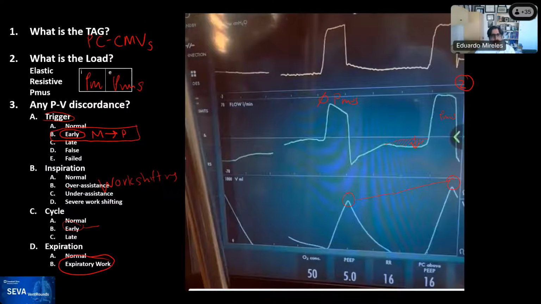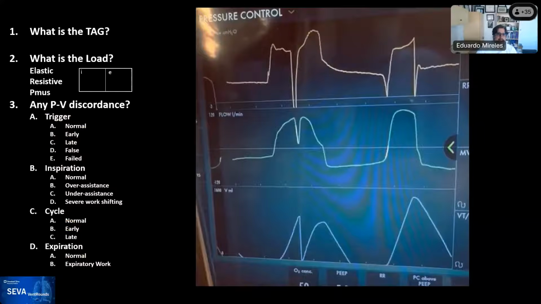Okay? So here comes the next set of breaths. So now you're seeing more PMOS. All right. So I'm going to give you the tag PCCMBS. All right. Nothing has changed. It's still the same mode that Nick had. And then you have the first breath that actually ends in 2 breaths. And then you have the second breath. So let's start with the first breath.